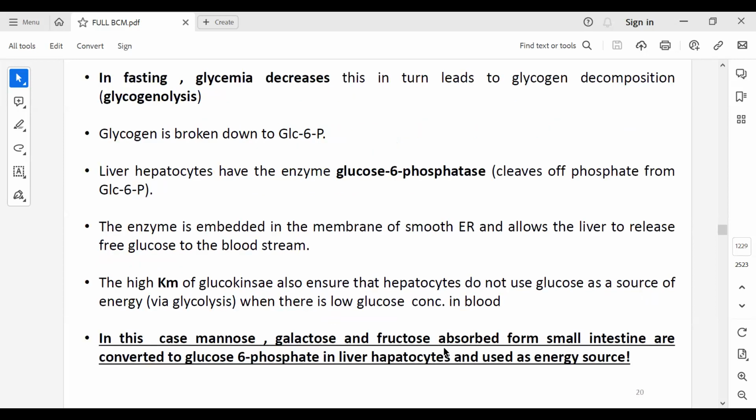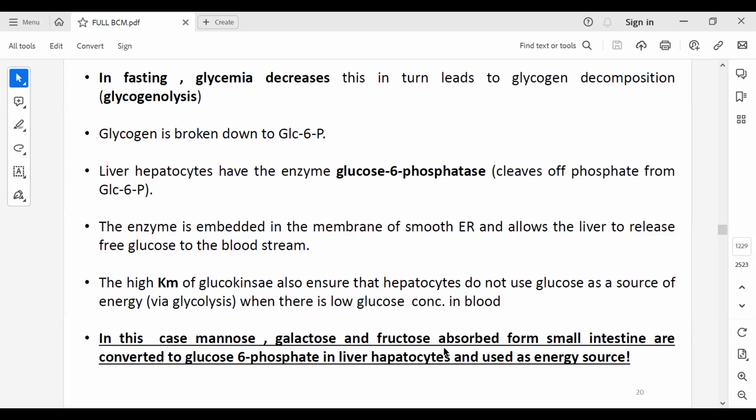So again, when people are starved or they're fasting, the glycemia will decrease. And now what the liver will try to do is replace glucose in the blood, because you're not acquiring any glucose from outside. So that's where it will try to do glycogenolysis, which is breakdown of any glycogen which is stored. So that's one process which will happen if you are fasting.